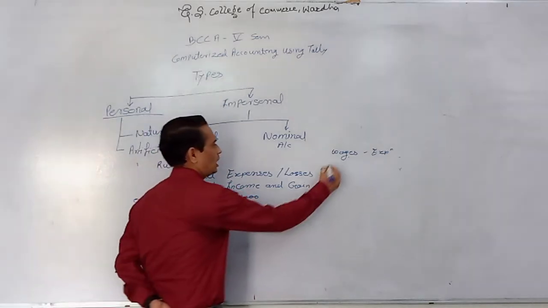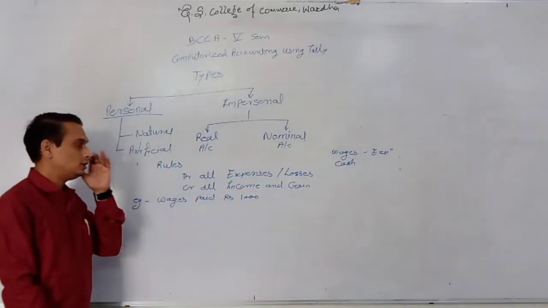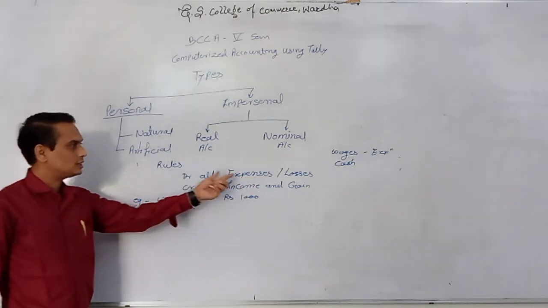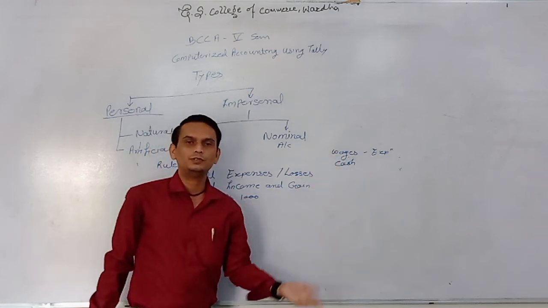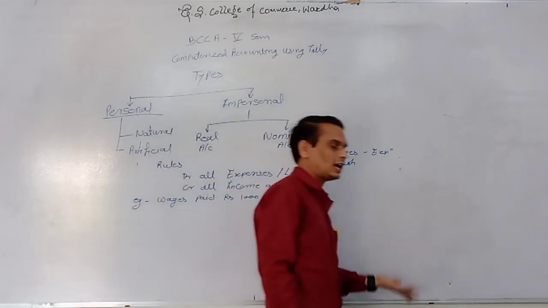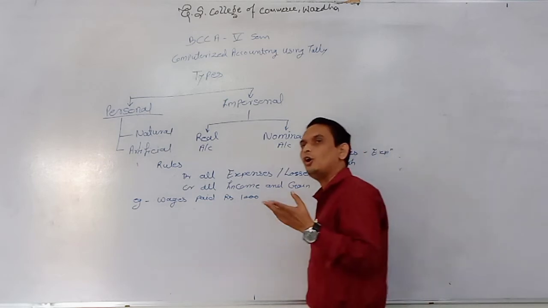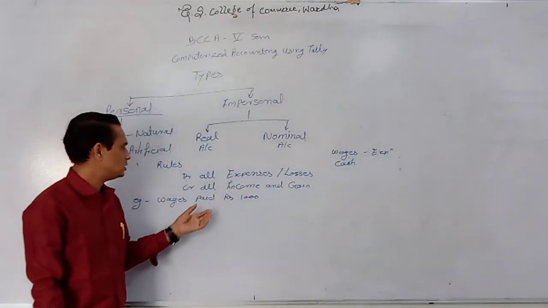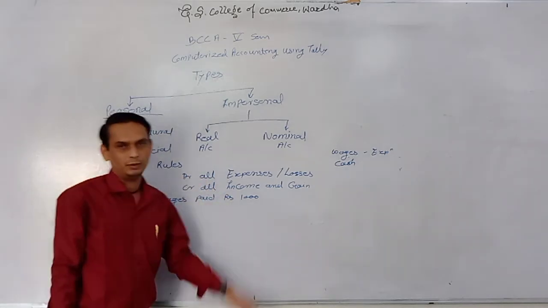So when we pay something or pay expenses, it is always conducted with cash. When we pay any salary, any electric bill, commissions, all these are expenses, and when we pay those expenses, it is always debited. Any type of expense is always debited.